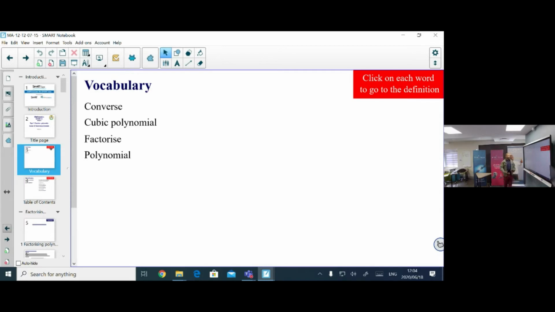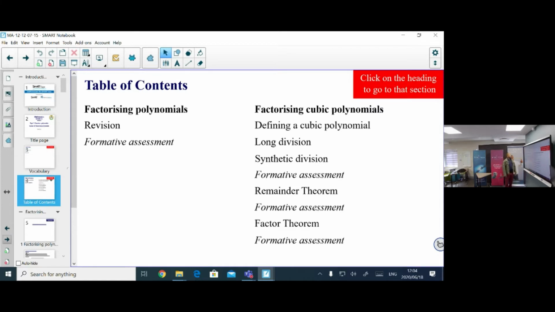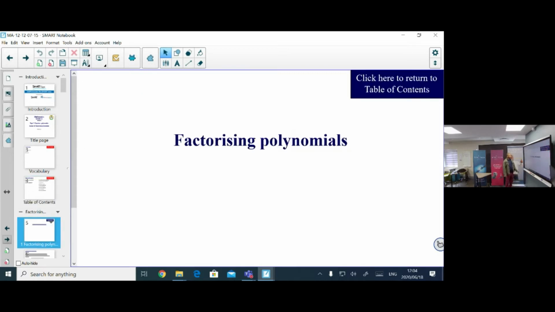You are dealing with many terms grouped together into a polynomial. So in terms of what we came to cover, we want to look at all these areas which have to do with your long division, your formative assessment of factor theorem and remainder theorem, as mentioned before.